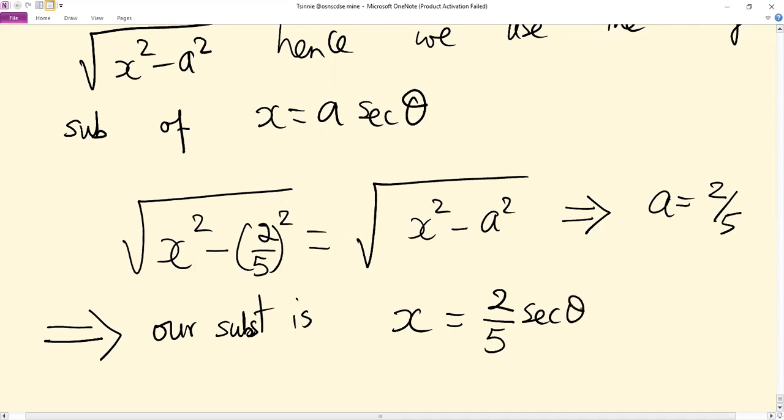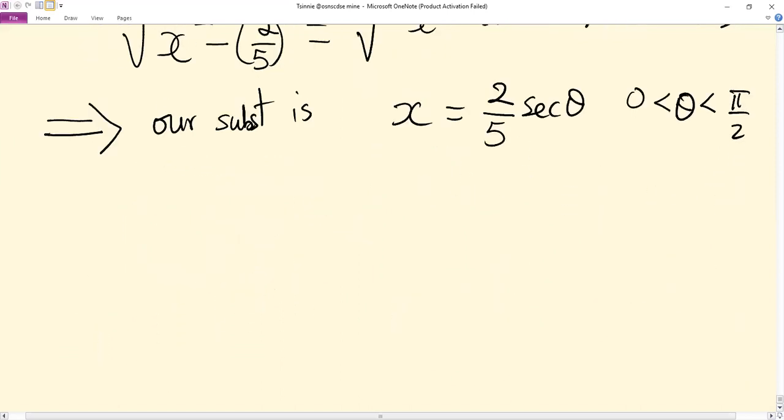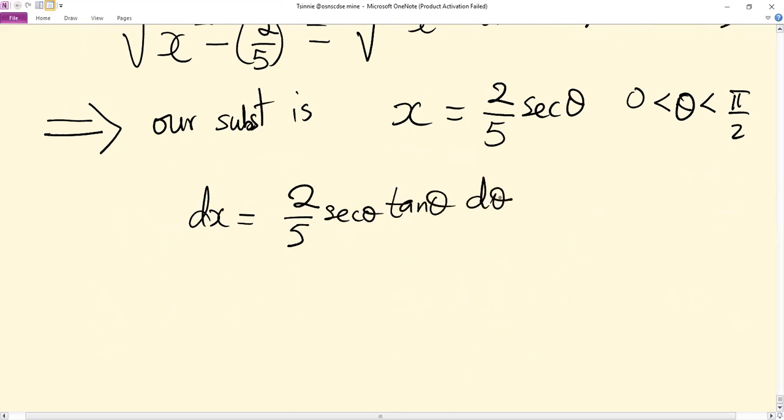So that's the substitution, and theta should be an angle between the restricted values. Now dx will be 2 over 5 sec theta tan theta d theta.